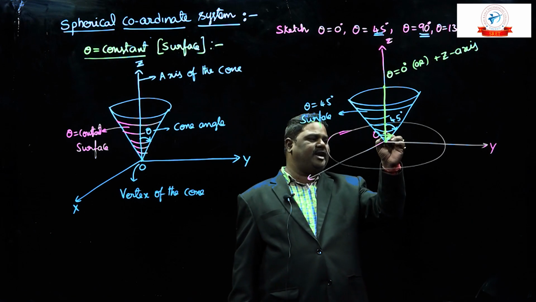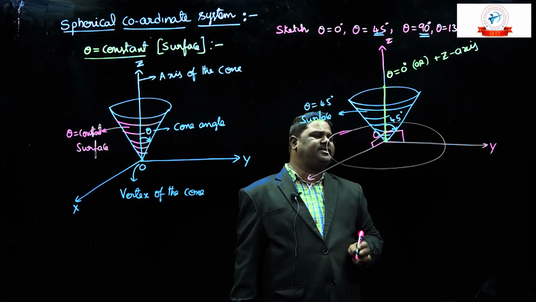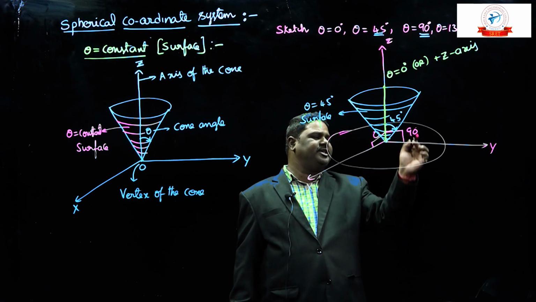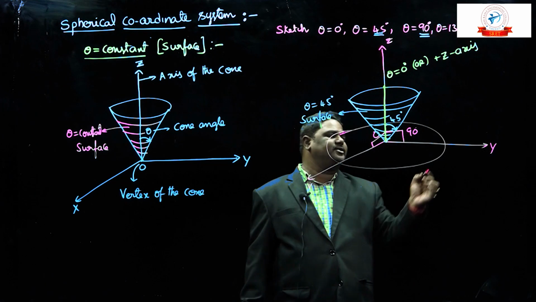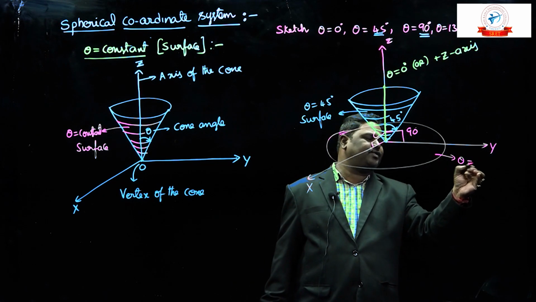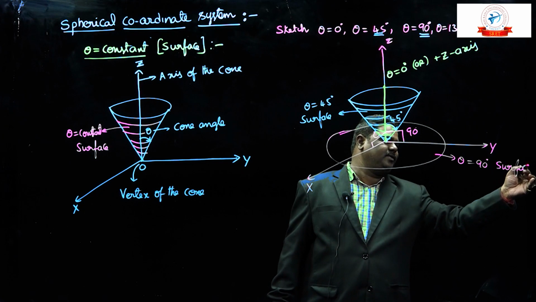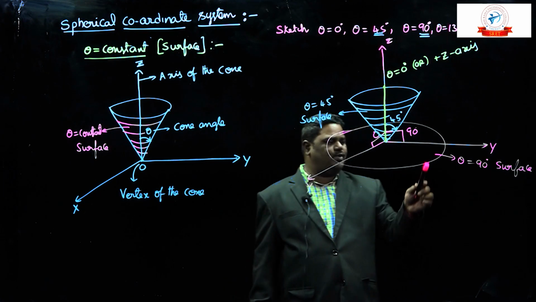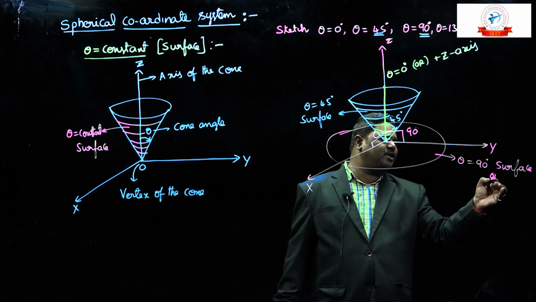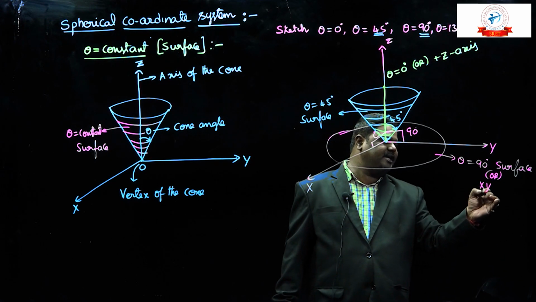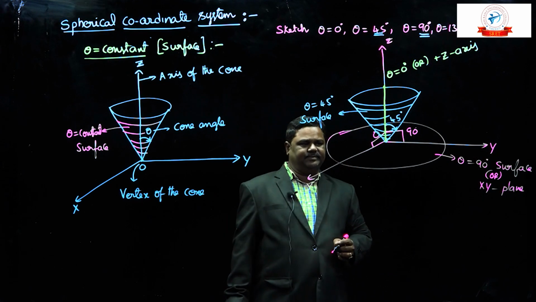You can observe the 90 degrees here. This cone surface makes 90 degrees with the cone axis, so this is called the theta equal to 90 surface. This cone surface is coinciding with the xy plane. That's why theta 90 is also called the xy plane.